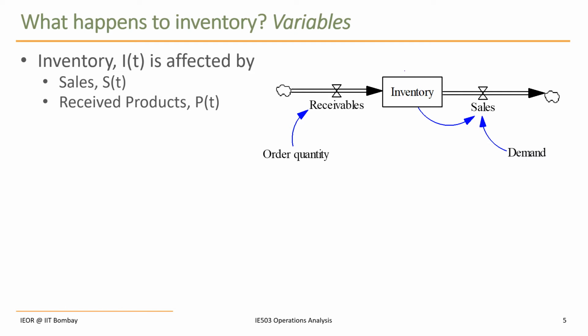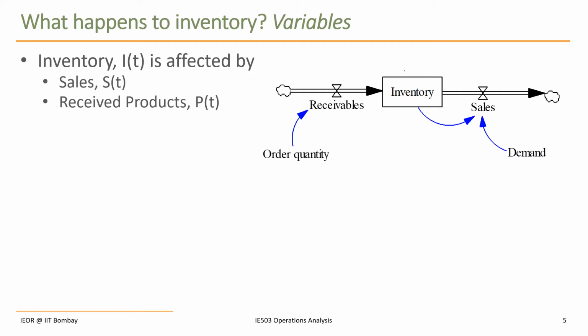When sales occur, the inventory goes down, and when new products are received, the inventory increases. In turn, the sales are also affected by the demand, and there is another arrow connecting inventory to the sales. So the actual sales value will be a function of demand as well as inventory. The minimum of the two is usually considered as the sales.